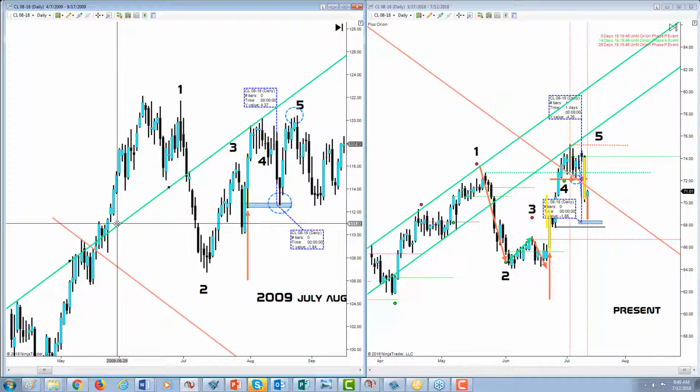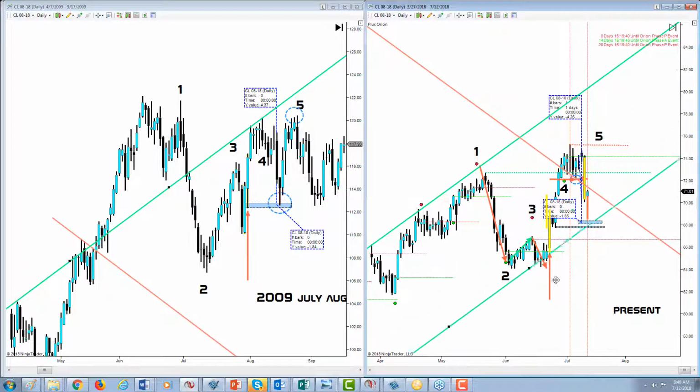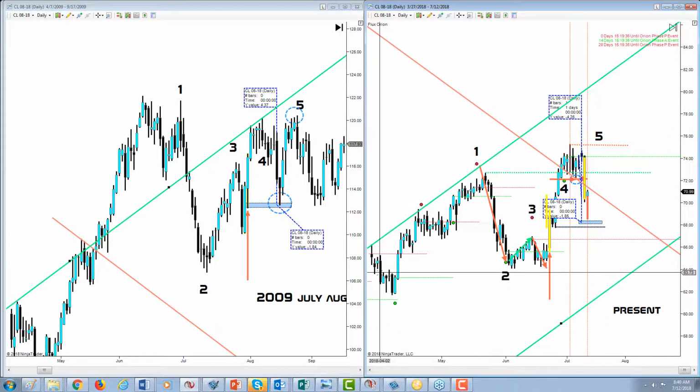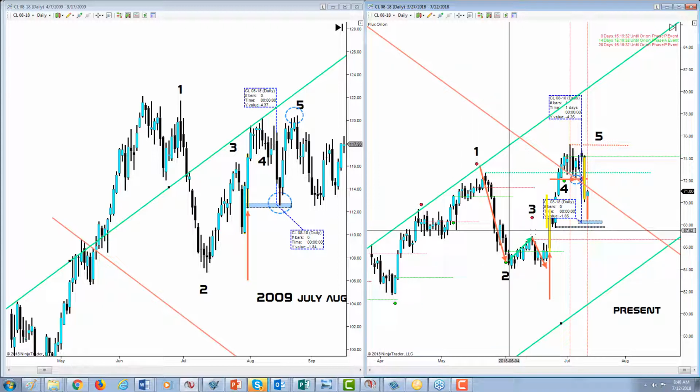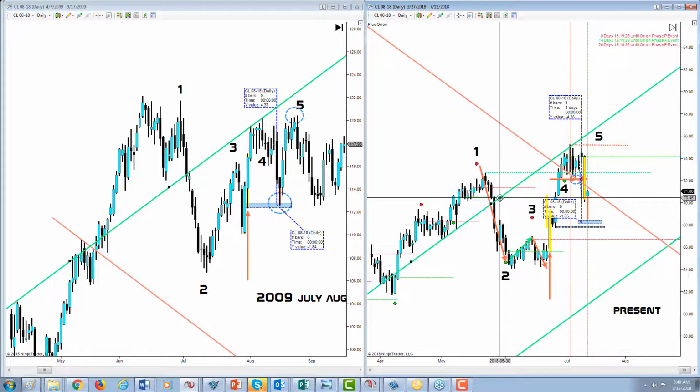Like that. Okay, so Gary, that's my primary green line. Everybody with me? So over here, that primary green line is going to be right there.